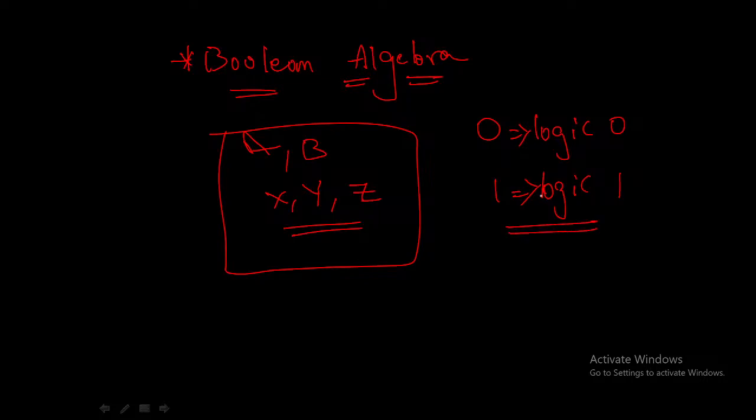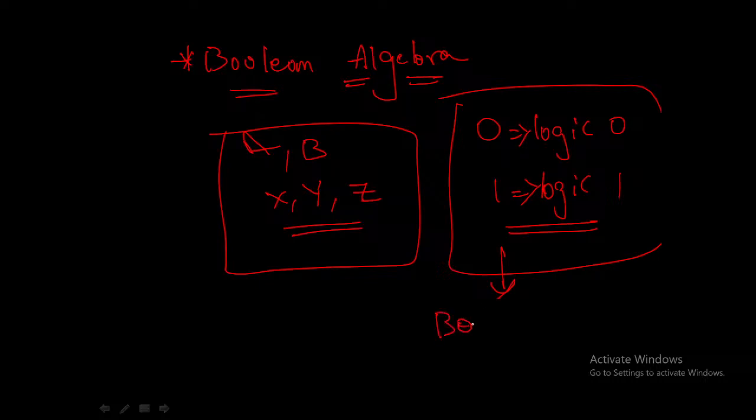So we have these two values, logic 0 or logic 1. These are known as Boolean constants. So basically there are two types of levels in Boolean algebra.